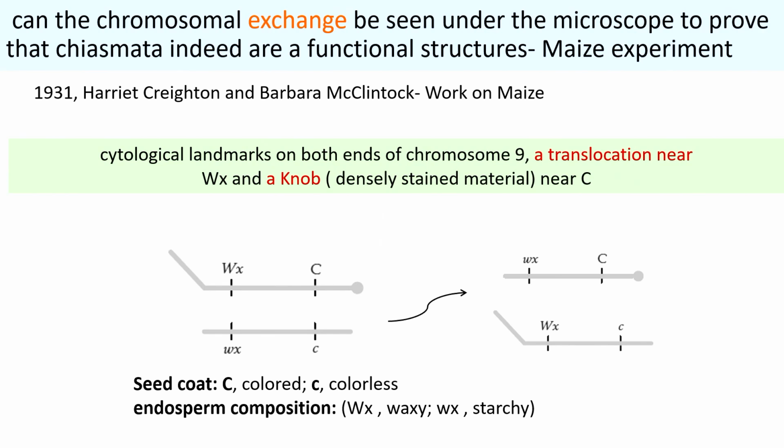So let us look at this first example. This is a work by Barbara McClintock and Creighton. If I am not wrong, he was her student, and it was her remarkable observation.